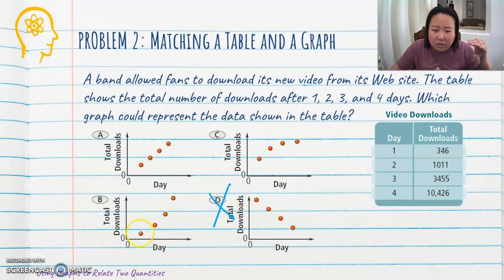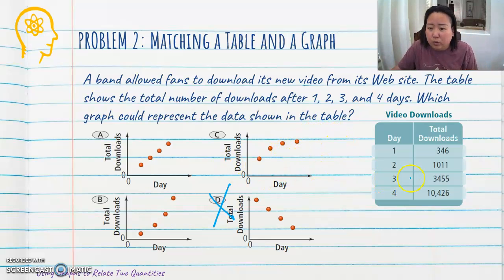You are adding more and more every single time, so the increase is going super quickly. Letter C is also increasing, but there is a point where the increase becomes slower until it's consistent.